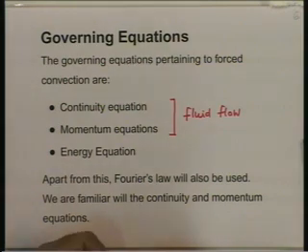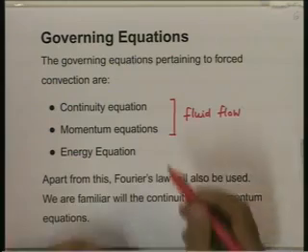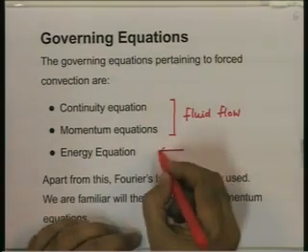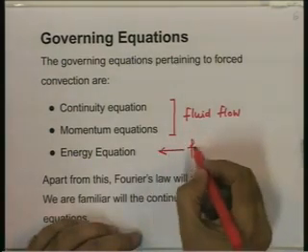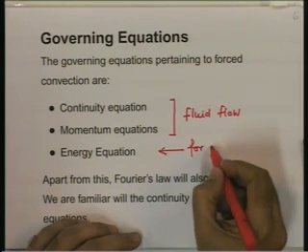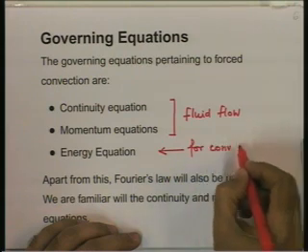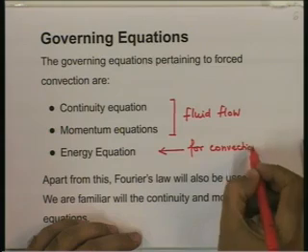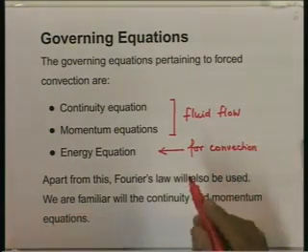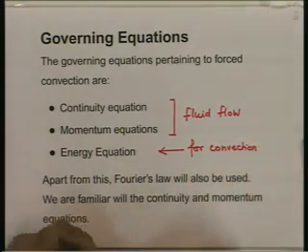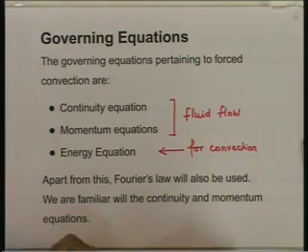But now there is a heat transfer, heat is a form of energy, so the energy equation is required for heat transfer, for convection. And as we have already seen in the study of conduction, the energy equation by itself is not sufficient because it provides relations between heat fluxes.